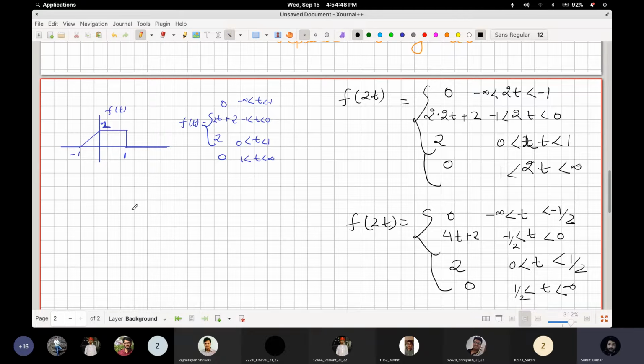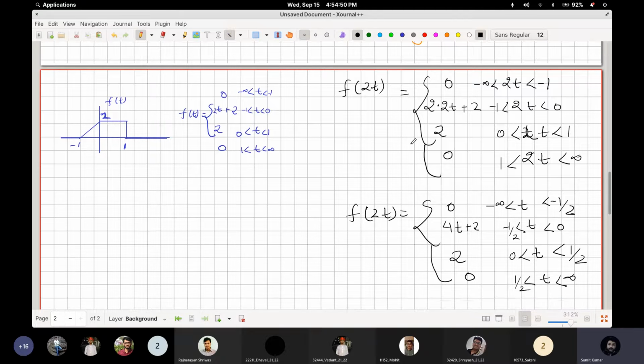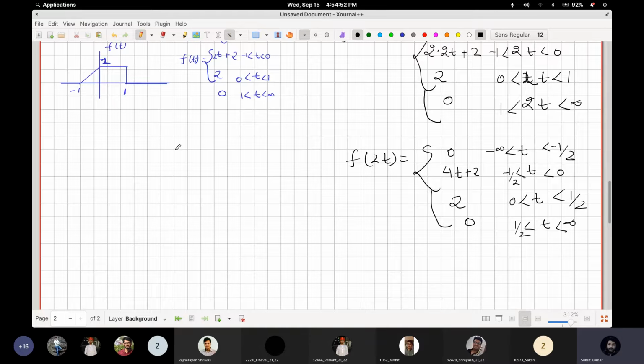And if you draw this graph, how is it going to look? Let's draw that as well. We are going to draw f of 2t. It is 0 from minus infinity to minus half, so let's say this point is minus half, this point is 0, and this point is half.